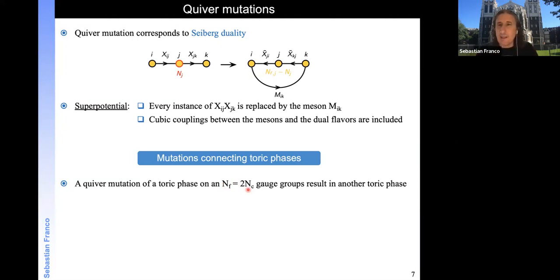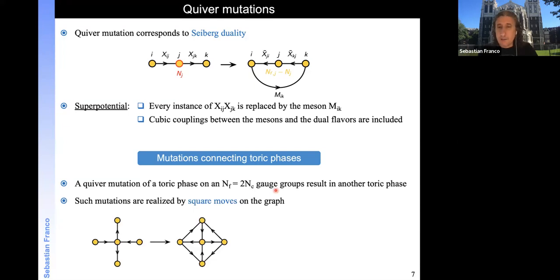And again, you might vary these numbers, but I'm saying the zeroth order statement here. So the new rank is equal to the original one, and these transformations connecting toric phases are represented by this transformation on the graph.